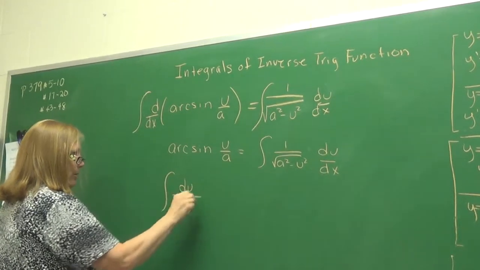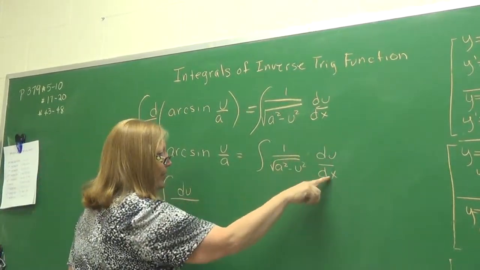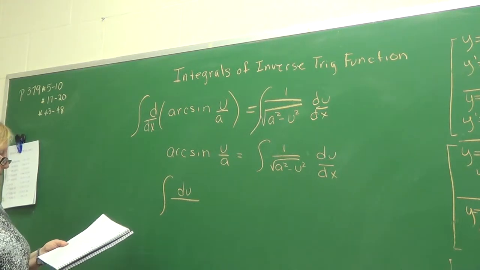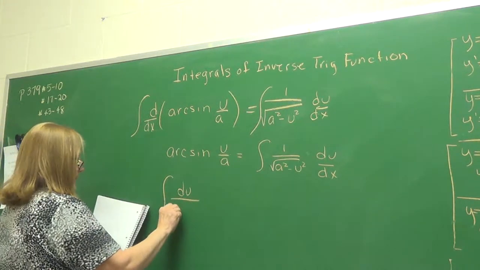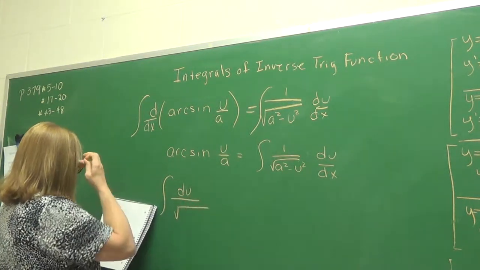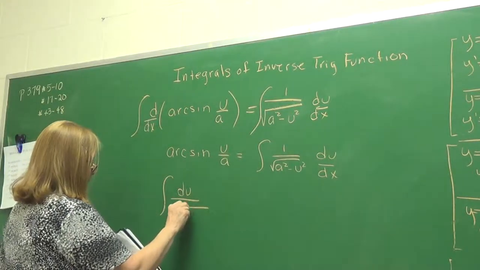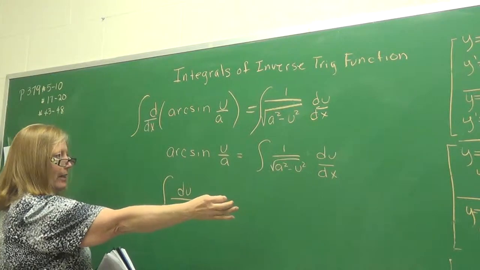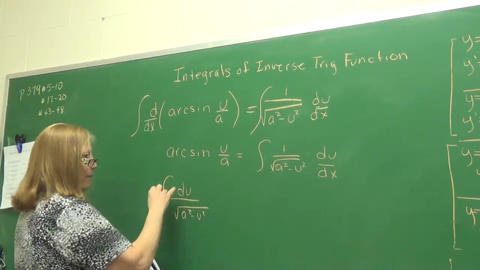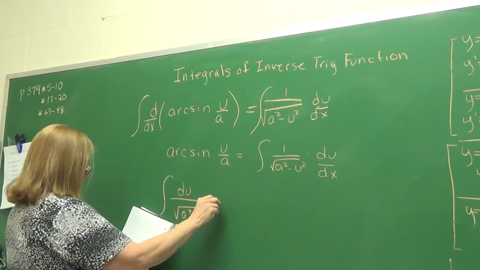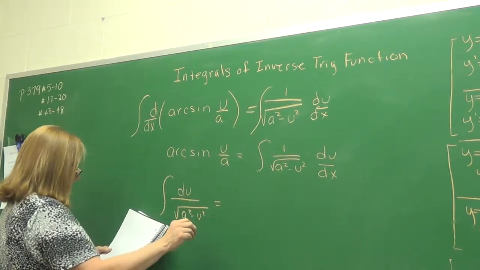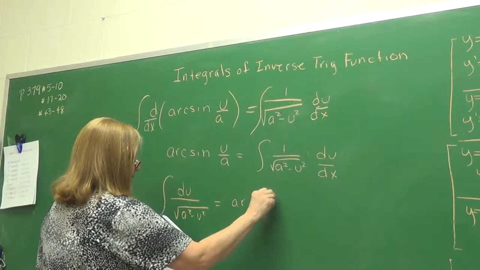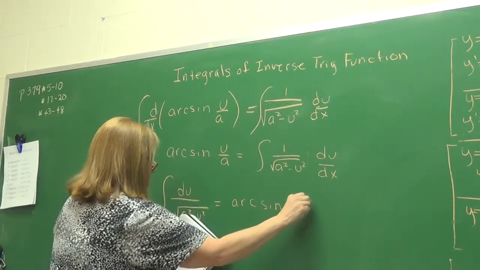I'll call it du. When I go behind the integral sign, I just use the du. It still represents the derivative of the expression over a squared minus u squared. So all I did is I've taken this, instead of leaving it on the right side, I've moved it over to the left side. And it equals 1 arc sine of u over a plus c.